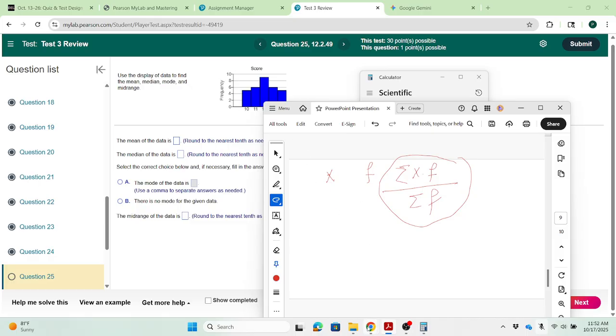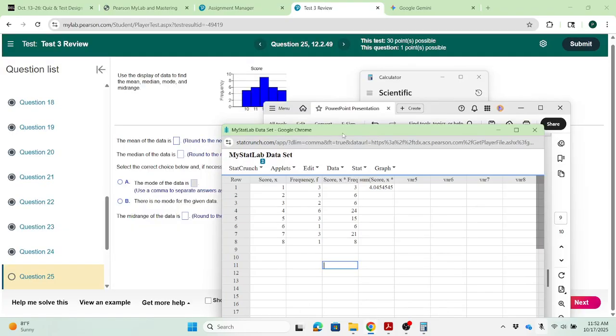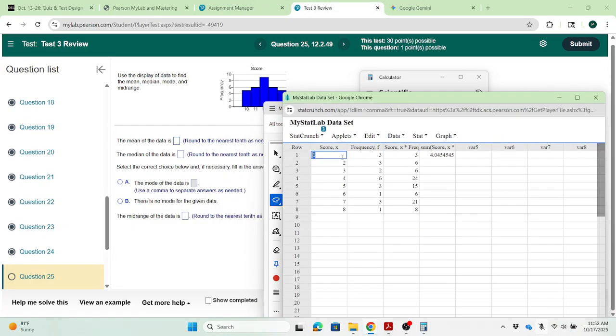I'm going to use StatCrunch again. I can use the very same column. In this case the data are 10, 11, 12, 13, 14.